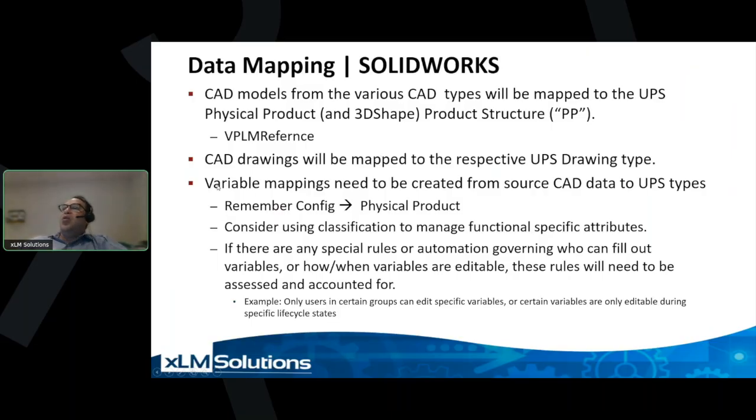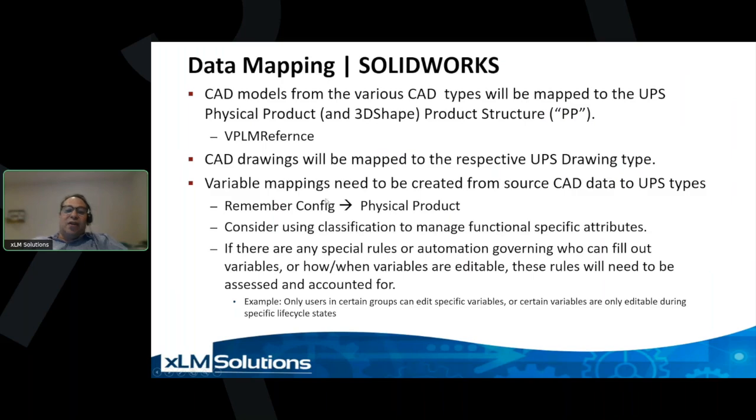You will obviously, through a migration, need to map data, whether it's your SOLIDWORKS properties, metadata from the legacy system, or your data card properties in PDM, to the various UPS types. And I say, remember, config equals a physical product.